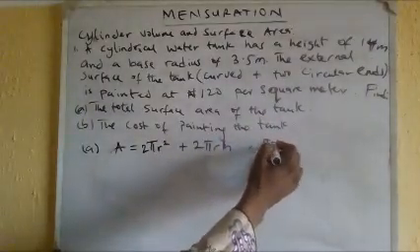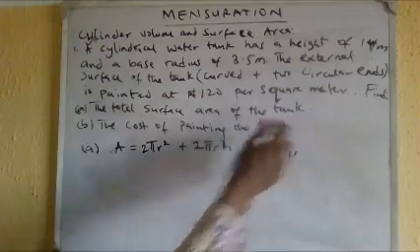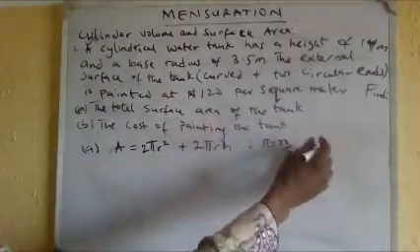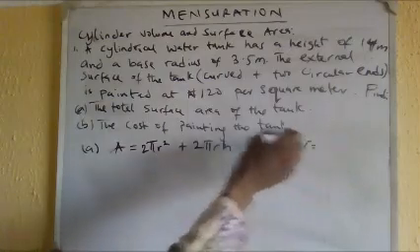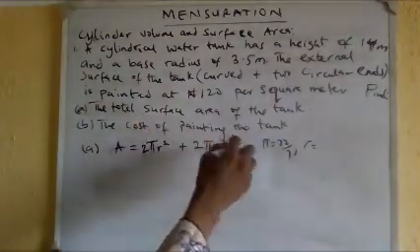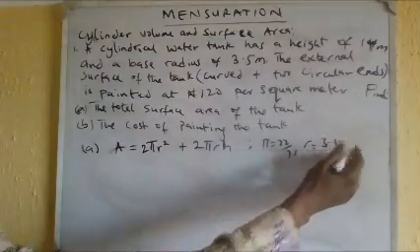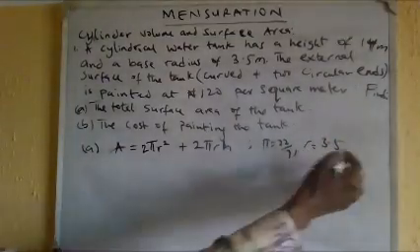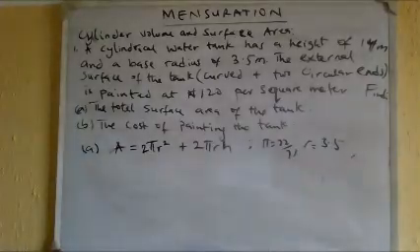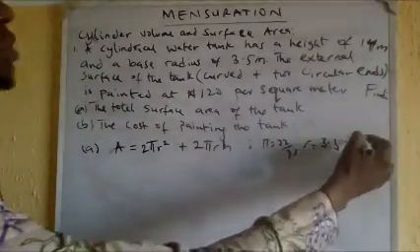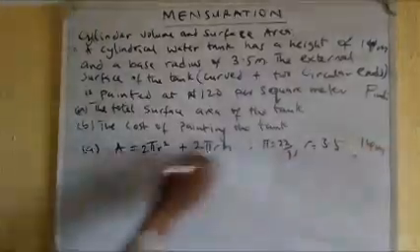Pi is always 22/7. Then r is given as 3.5. That's what you have. Then height is 14. So we just plug the values there.